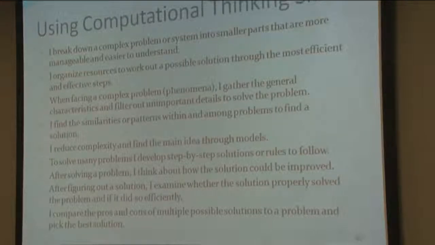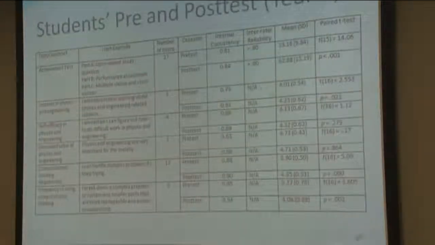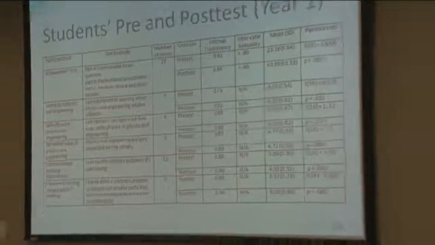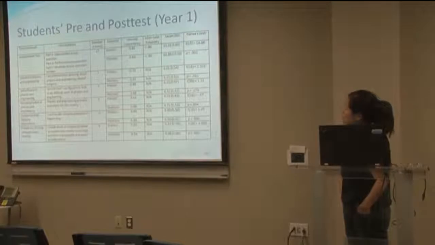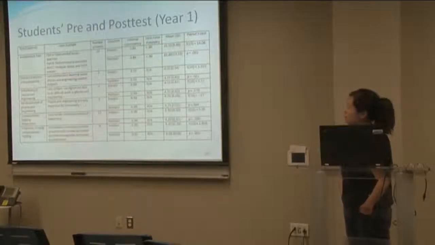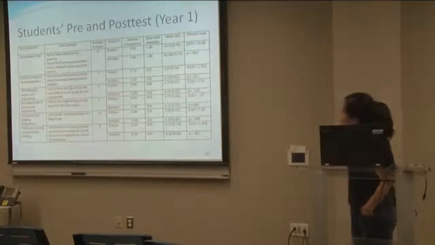And yeah, we also collect more data from high school besides those summer academic kids. And this is the frequency of using computational thinking skills. And here are the preliminary results for year 1. Overall, students made an improvement on the achievement test from pre to post, and also on most of the attitude ones, except for several exceptions.